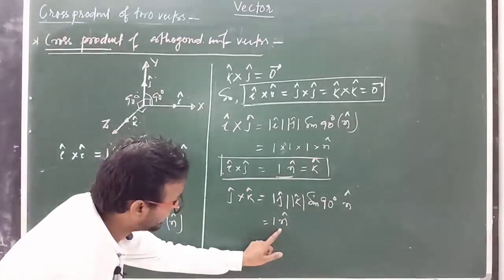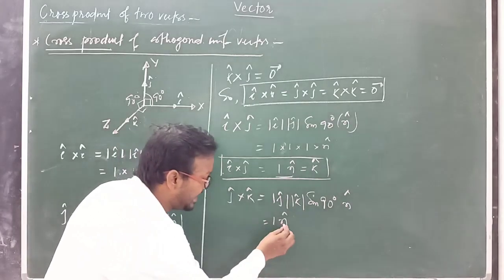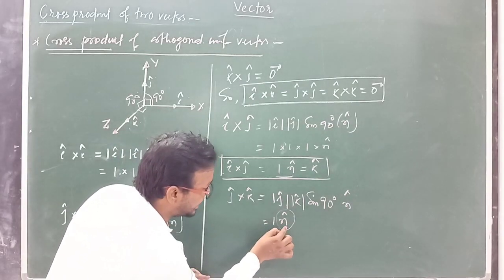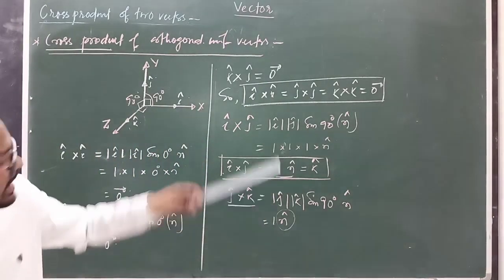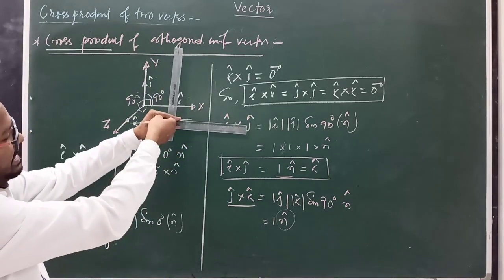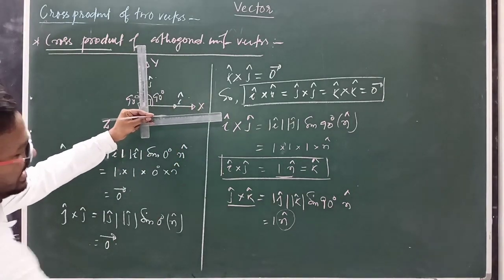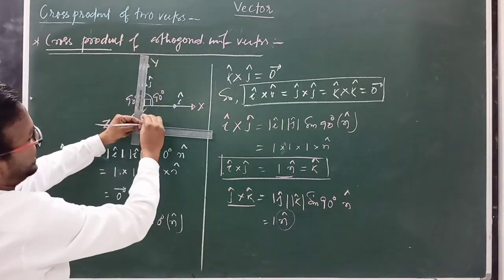So we have to find a vector whose magnitude is 1 and direction is a unit vector, means direction perpendicular to j and k. So here also x axis, this is the y axis, and here this is the z axis. Clear? Three dimensional case. j cross k, so this is j and here k.